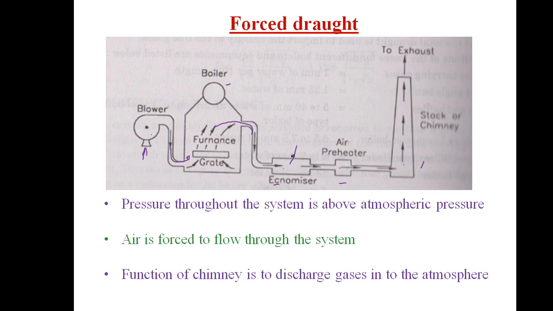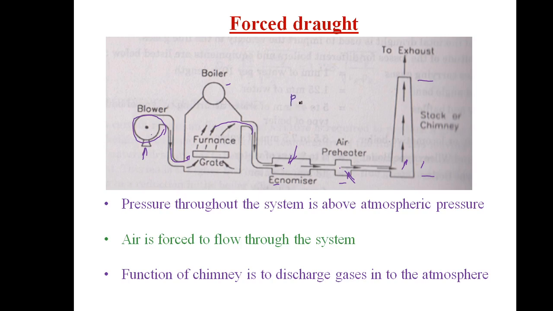In the economizer heat is recovered, and in the air preheater also heat is recovered, and the gases at reduced temperature are passed into the chimney, where the chimney height does not play much role in creating draught. Only the blower is responsible for creating the draught here. Therefore the pressure inside this system is greater than atmospheric pressure.